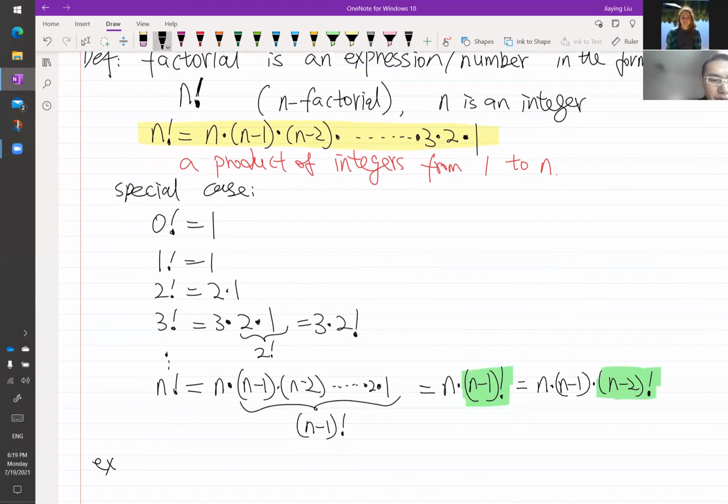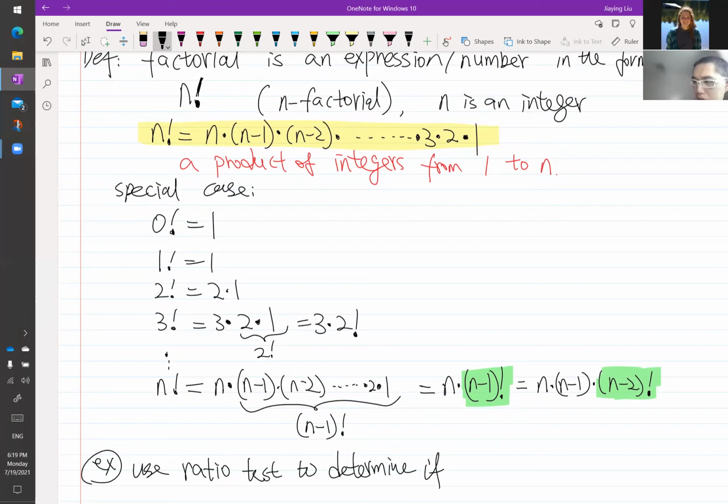It's a review about the ratio test. So use the ratio test to determine if the series is absolutely convergent or divergent.